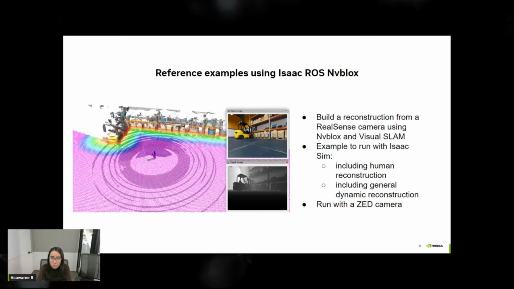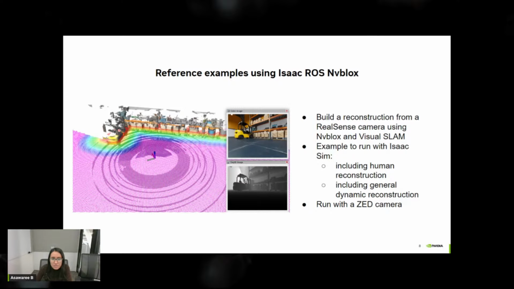That would include either just the static mode or the human reconstruction mode or the general dynamic object reconstruction. Now, this tutorial also includes steps for recording RealSense data in case you want to run Nvblox on recorded data. So if there's a situation where maybe you don't want to run it live, or you have data from some other environment and you just want to test this, you can do that as well. There's an argument that allows you to play a ROS bag and run Nvblox on topics from the ROS bag.